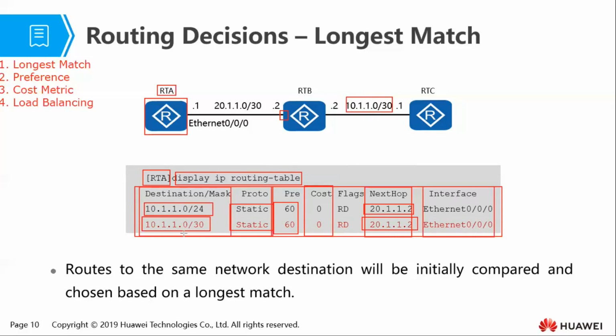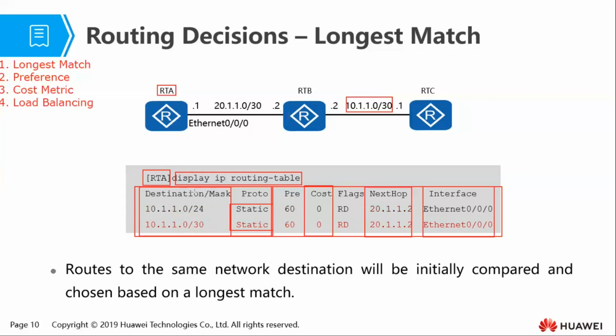So how does the router choose which among these two to use? The router compares, or does what we call the longest match. The longest match is doing a logical AND between the network address and its mask. The one that has the longest match will be the one that will be preferred.